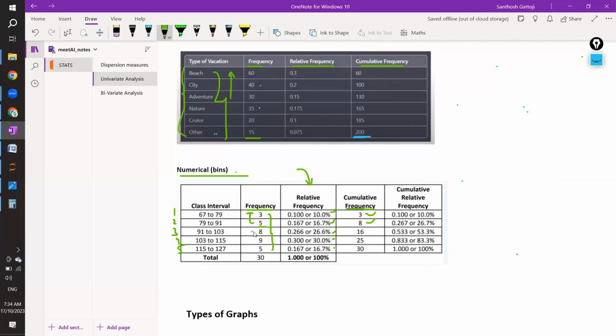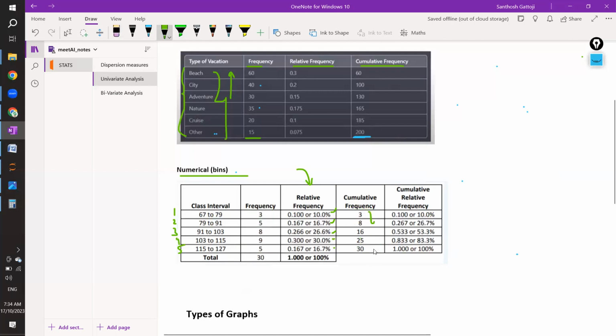For the next 8, it will be 8 plus all the above, that means 8 plus 8, 16. For 9, 9 plus 16, 25. For this one, 5 plus 25, 30. At last you will get the total count here. Whatever total you have, you will get here. But cumulative frequency is just its outcome plus all its previous outcomes.